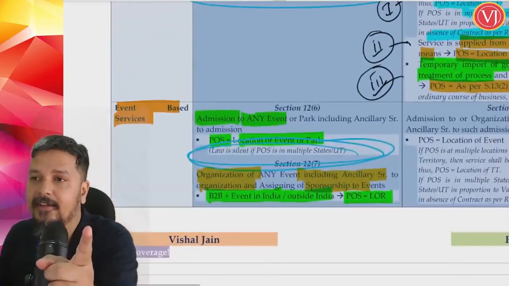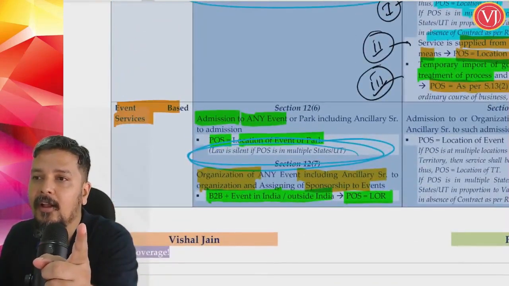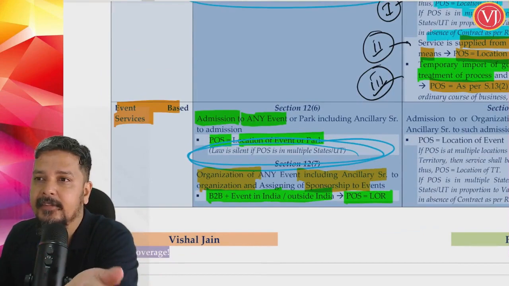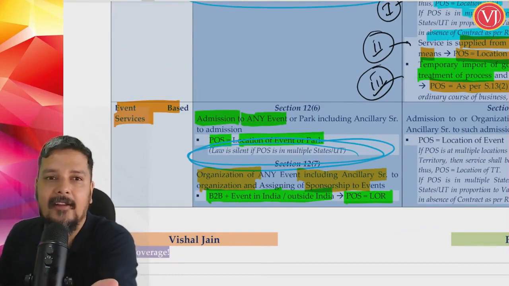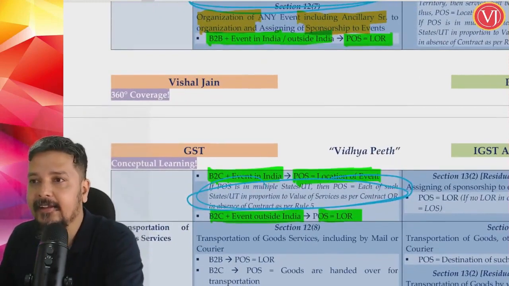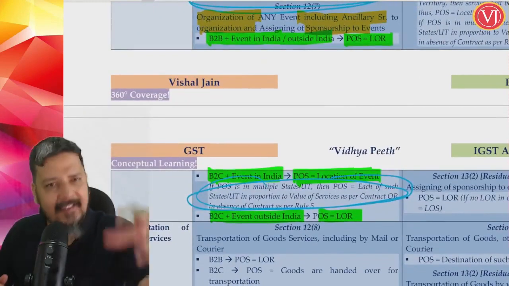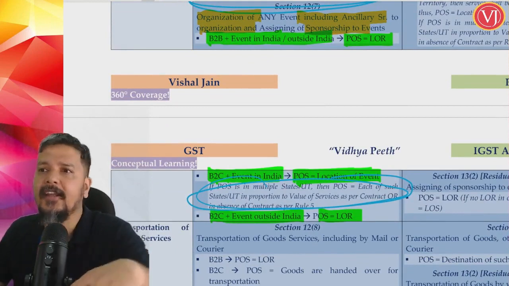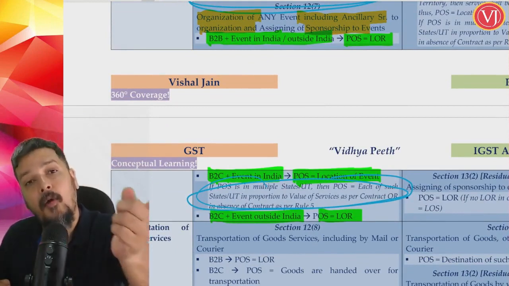This recognition of multiple answers was not there for admission to an event. For your tickets, it was not there. It is for organization. The people who are organizing it will organize the same World Cup in multiple states.